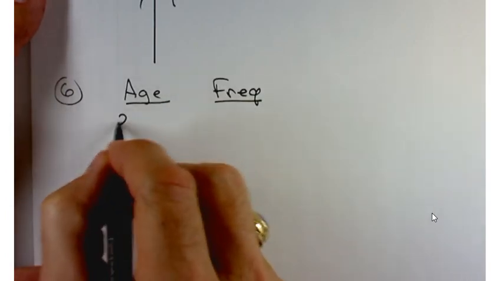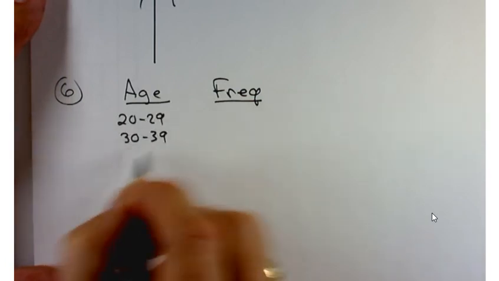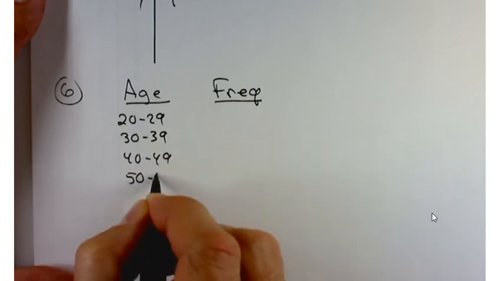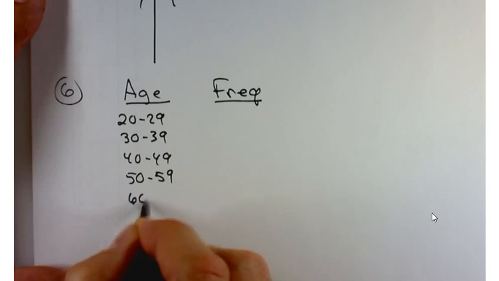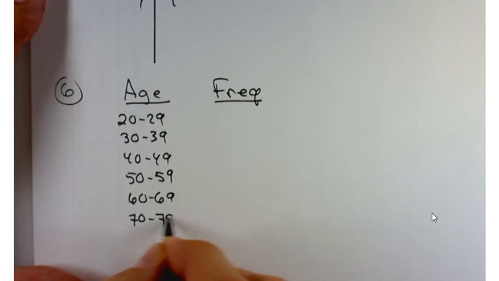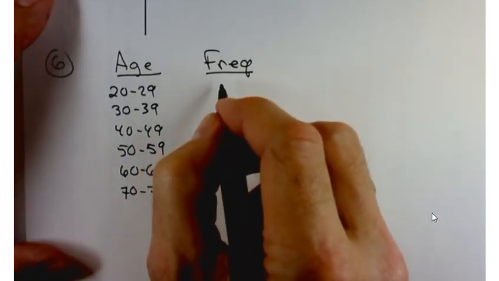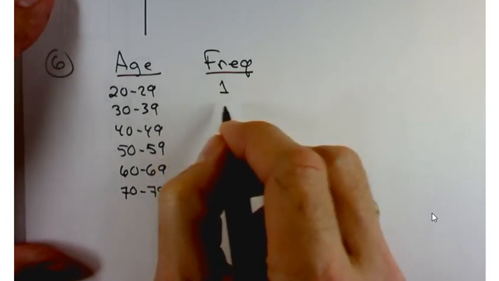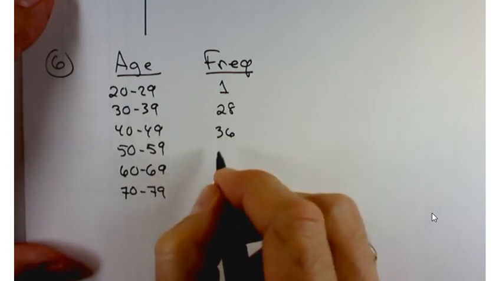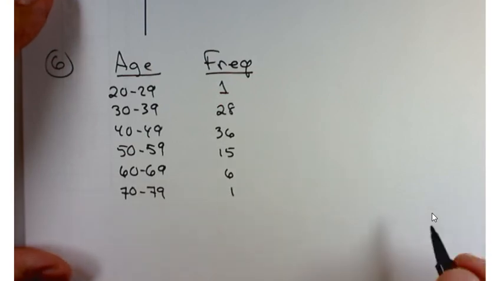So we have ages of 20 to 29, 30 to 39, 40 to 49, and so on, up to 70 to 79. And we have the frequencies as well. So the frequencies would be 1, 28, 36, 15, 6, and 1.